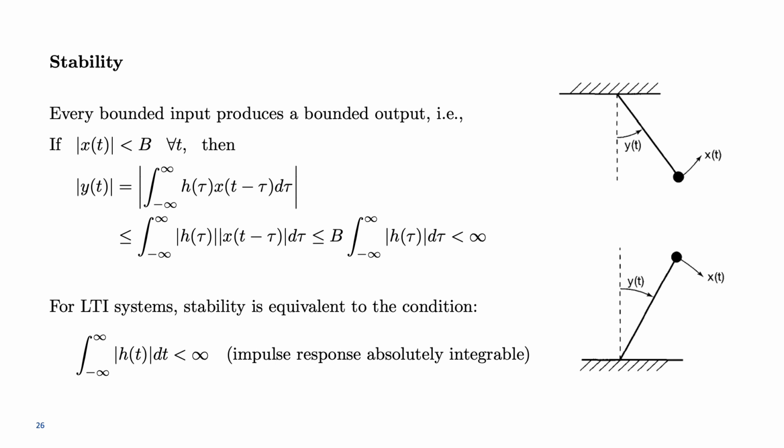The oscillations will be bounded if x of t, the force that you apply, is bounded. On the other hand, in the bottom figure, the pendulum is placed upside down. You apply a bounded force x of t, small and limited, but the effect this causes in terms of displacement, in terms of y of t, is unbounded, because the system is inherently unstable.